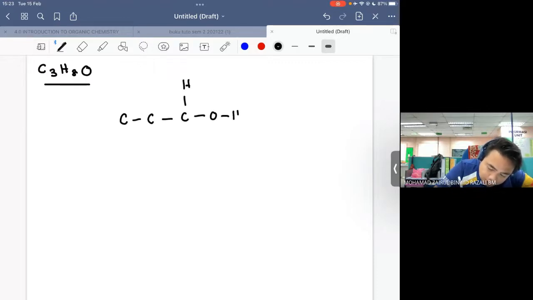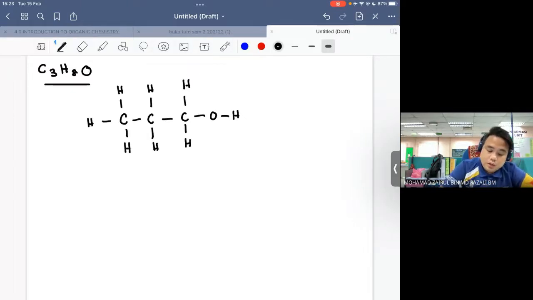So kalau expanded structure, the OH also you need to expand kan betul-betul. Don't forget the bond between the oxygen and also the hydrogen. So let's say this is carbon number 1, carbon number 2, carbon number 3. Okay. So kalau saya nak jadikan dia sebagai positional isomer, apa yang saya boleh buat adalah saya changekan position functional group.